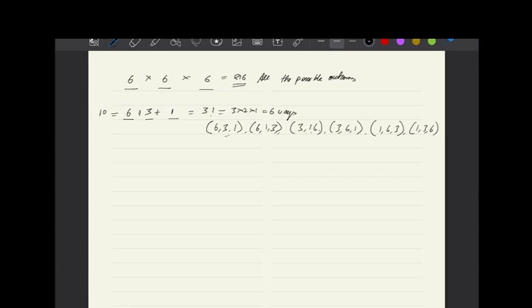These are the 6 possible ways. Now let's move on to the other ways in which you can get a 10. Again, you can have a 6 and two 2s, which will give us a sum of 10.